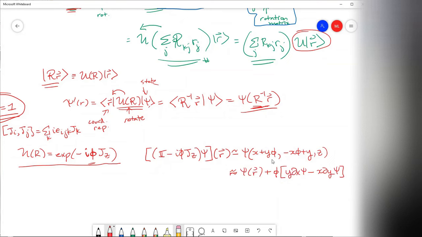Why? Because in the x component, along the x direction, the little perturbation is y times phi. Along the y direction, the Taylor series component is minus x times phi, so that's this term right here. And this is just the Taylor series of this function, expanding around phi equals 0.